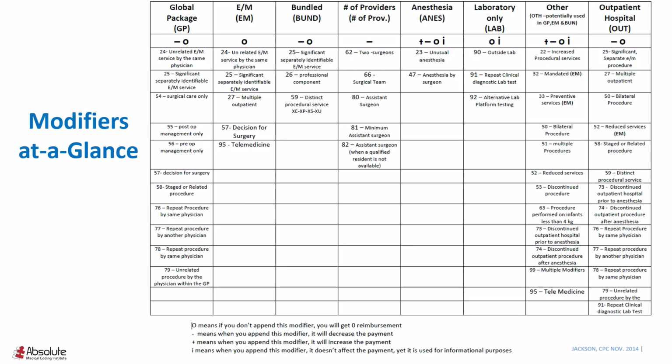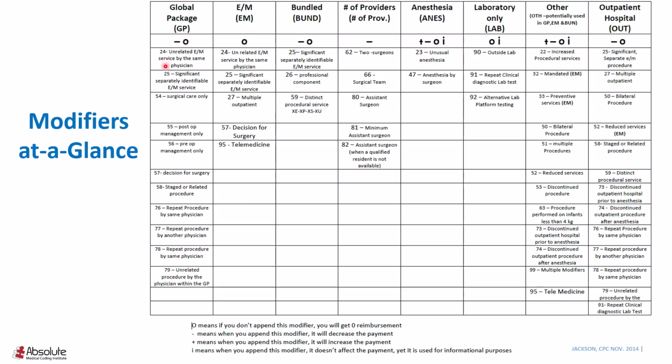Sometimes billers just migrate over to coding. They say, I can code, but it's these little things, like when to append that 22 modifier. And if a provider is listening, and a lot of them do listen, if you have an increased procedure or service, your money could be impacted if you're not appending modifier 22. Just saying. Certain modifiers are more functional than others, and they do impact the money.